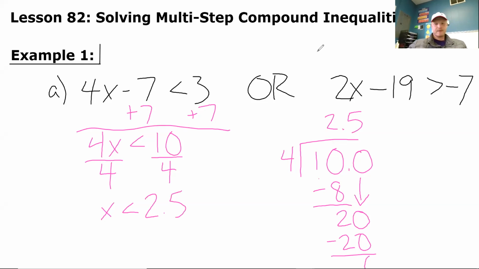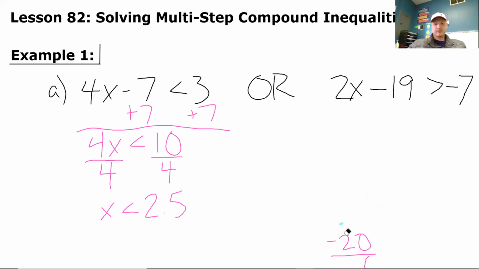Okay, so I'm going to erase all that division over there that I just did, so I have some room for my other inequality. So x is less than 2.5, or also, I have, so add my like terms. So add 19 to both sides. The 19s cancel out.